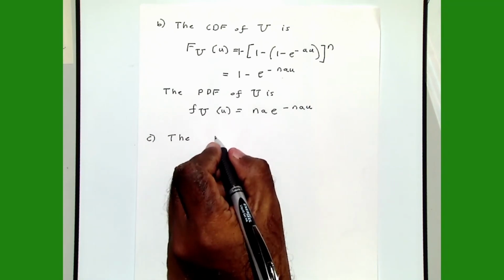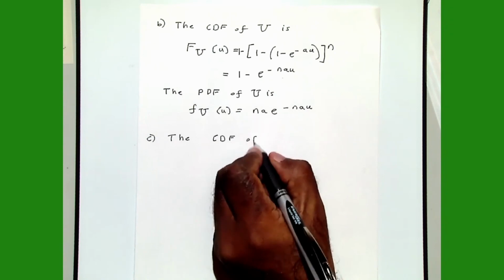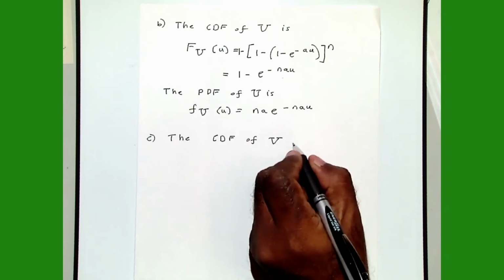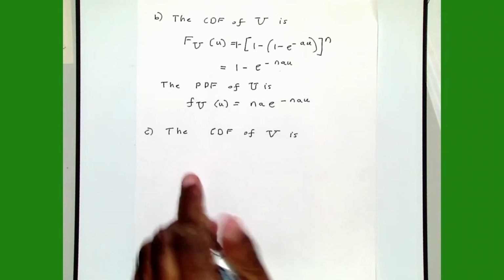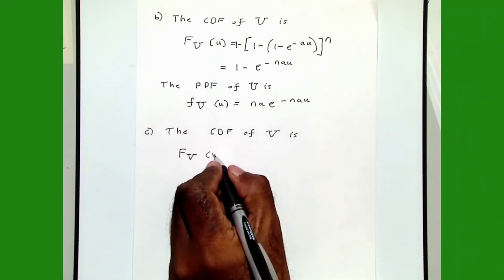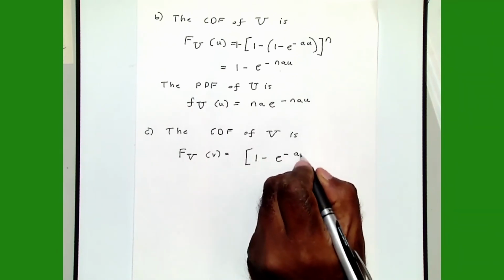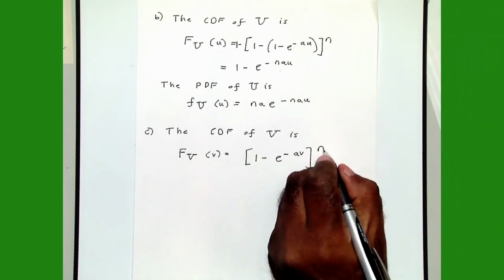The next variable is the maximum portfolio loss. So the CDF of V, using the formula I gave you earlier, is 1 minus e to the minus aV, all raised to the power n.